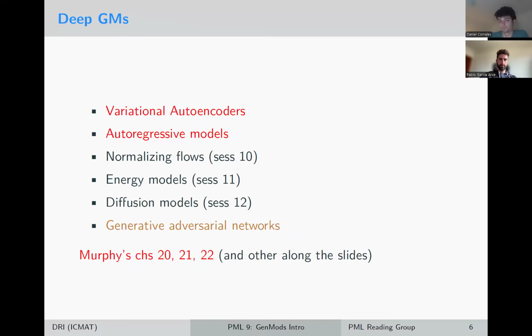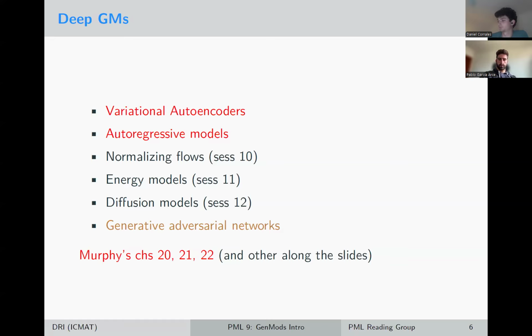So there is a large bunch of quite important models. On this screen, there are the models that appear in Murphy's book, and we're going to do today the ones in red. So I'm going to do variational autoencoders and autoregressive models, but there will be a session on normalizing flows, another one on energy models, and another one on diffusion models.